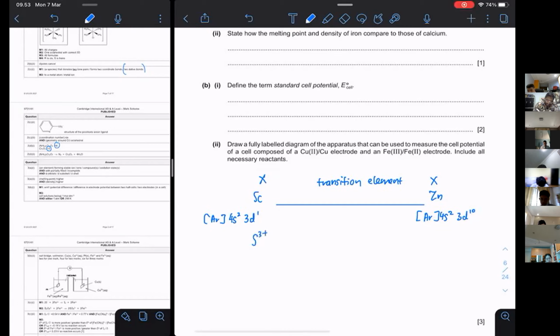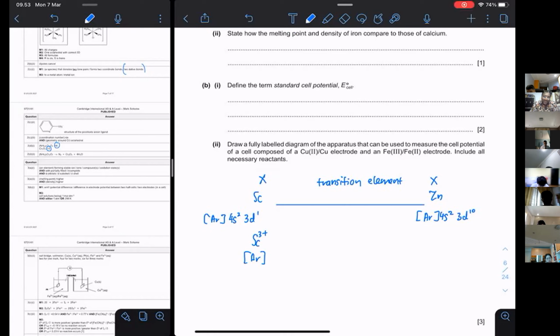Scandium will always form scandium 3 plus. When that happens, the 2 electrons from the 4s and 1 electron from 3d are removed, so you are going to have argon only. The d orbital is not there, but it must be partially filled.